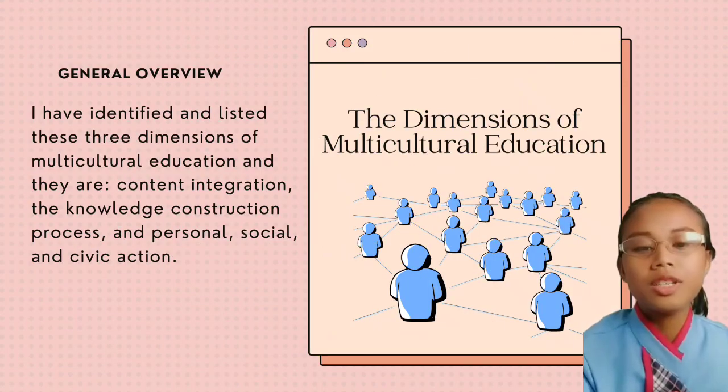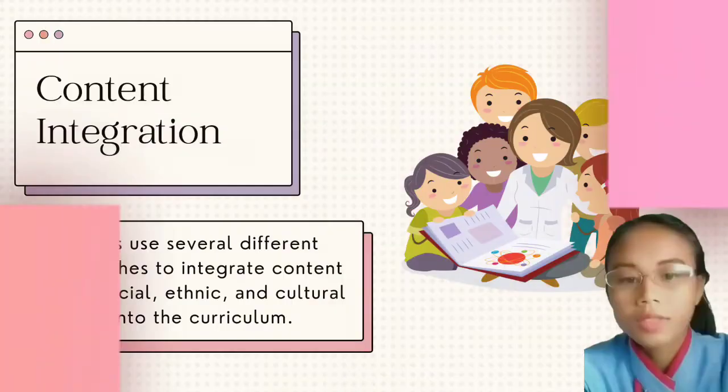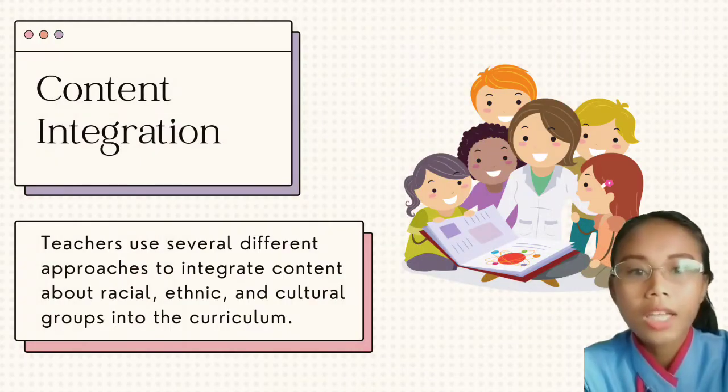The dimensions of multicultural education. So I have identified and listed these three dimensions of multicultural education, and they are content integration, the knowledge construction process, and personal, social, and civic action. So, content integration.